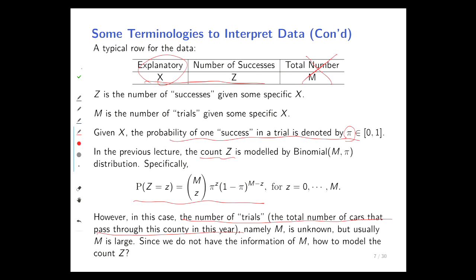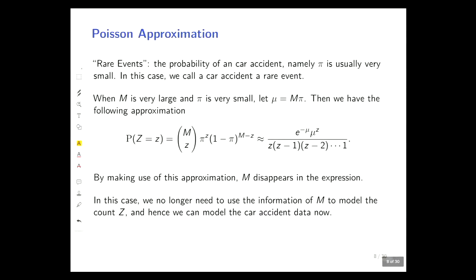It's unknown, but we can imagine something. This M should be very large, because a lot of cars pass through a county in a year. Since we do not have the information, how do we model Z? That's basically our motivation for this new model.